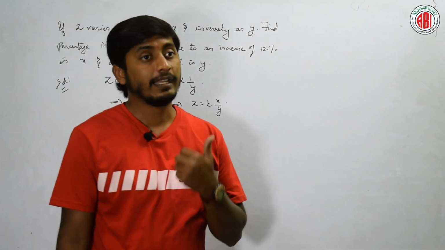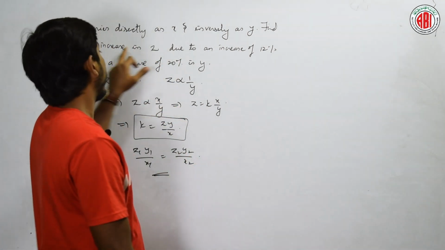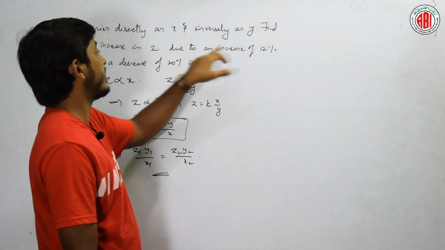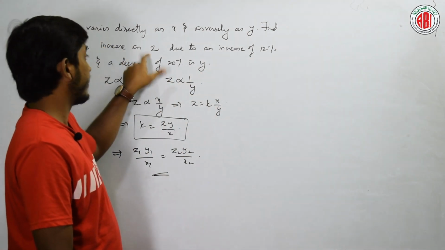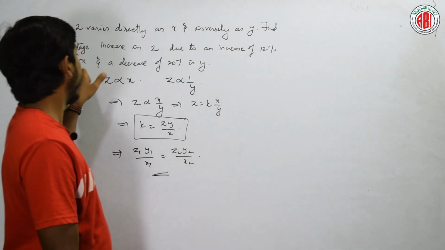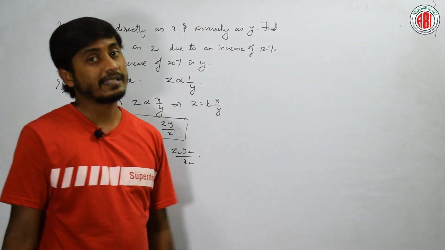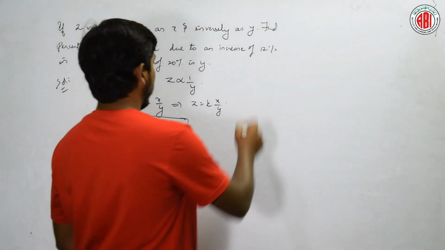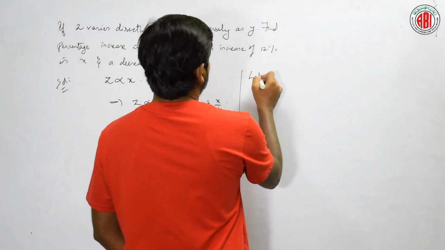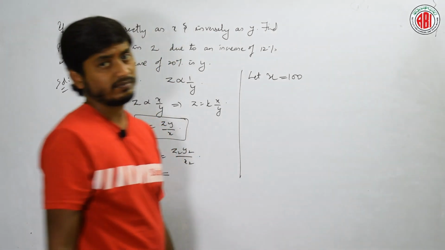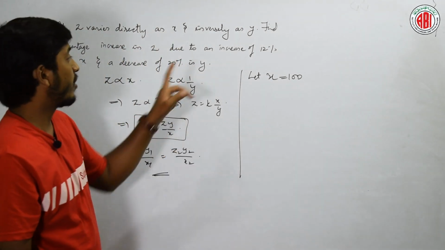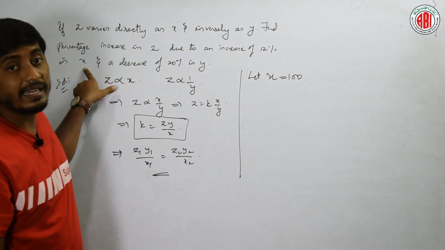Did you understand? Now what is the condition given? He is asking us to find the increase in z if there is a 12% increase in x and a decrease of 20% in y. Now see here, let x be 100. Then what about 12% increase?